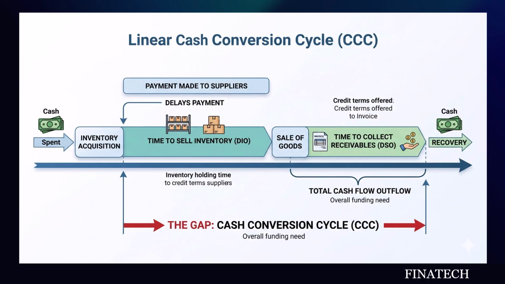In the input you spend your cash and in the output you recover your cash. But inside you must make an inventory acquisition, you must have a time to sell inventory, you must have sales of goods, and you must have a time to collect receivables.